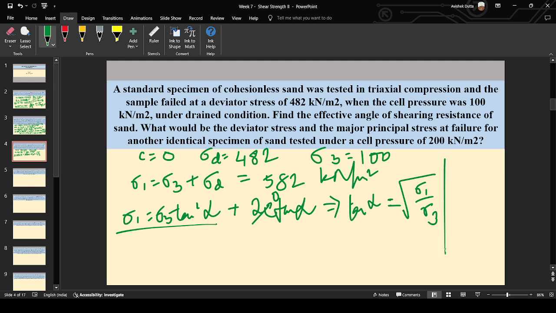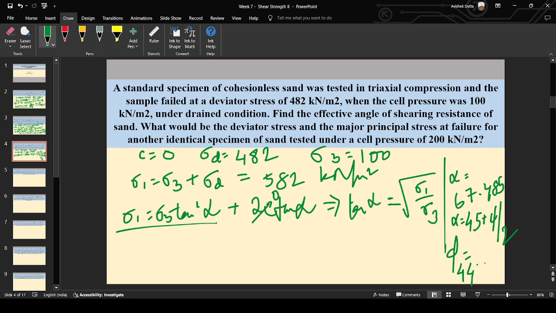From which we get alpha approximately equal to 67.485, and then again using alpha equals 45 plus phi by 2, we get phi approximately equal to 44.97 degree. Phi equals 44.97 degree.